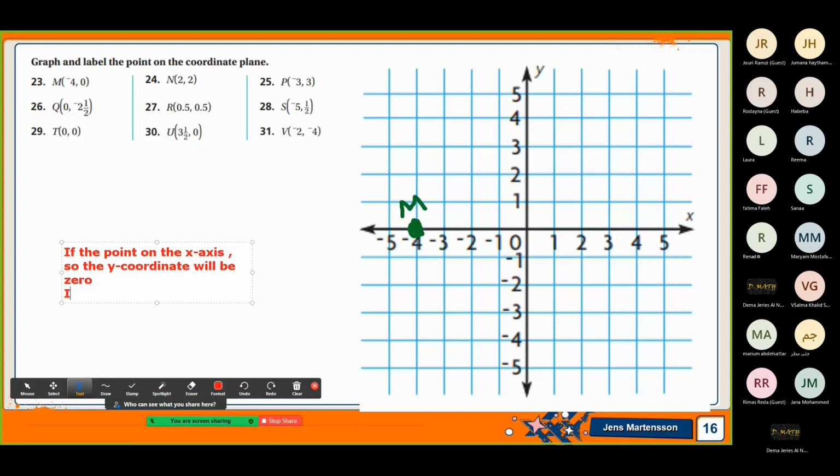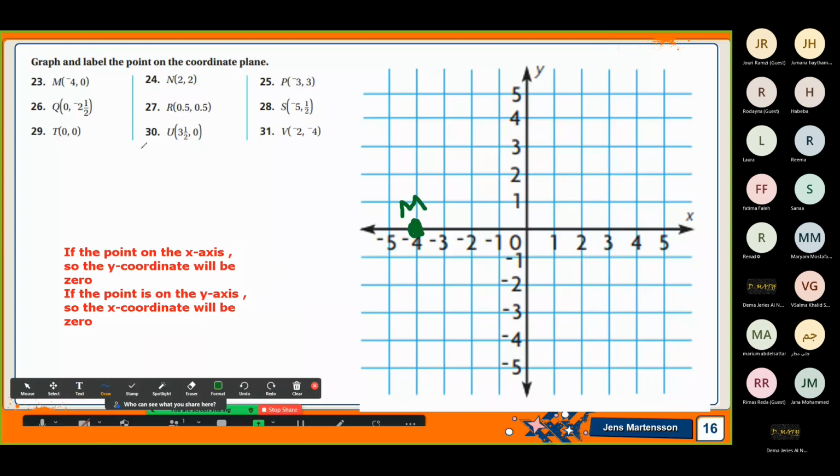And if the point is on the y-axis, the x coordinate will be 0.